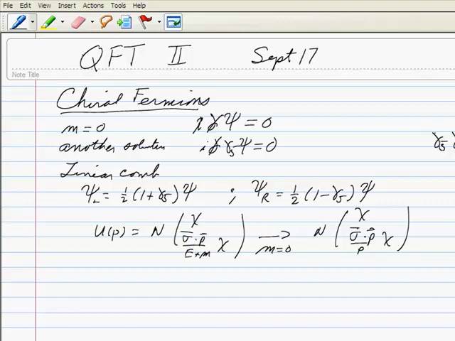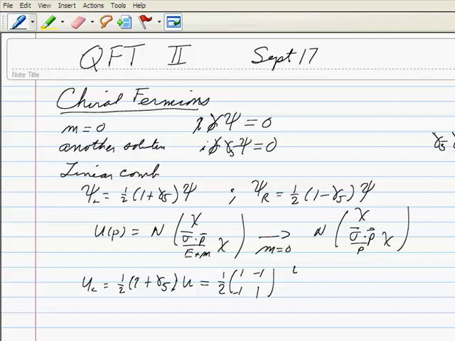So if you then multiply to get a left-handed one, u left is 1 plus gamma 5 on u, that turns into the following. 1 plus gamma 5 is a 1/2, (1 plus gamma 5) is 1 minus 1, minus 1, 1.